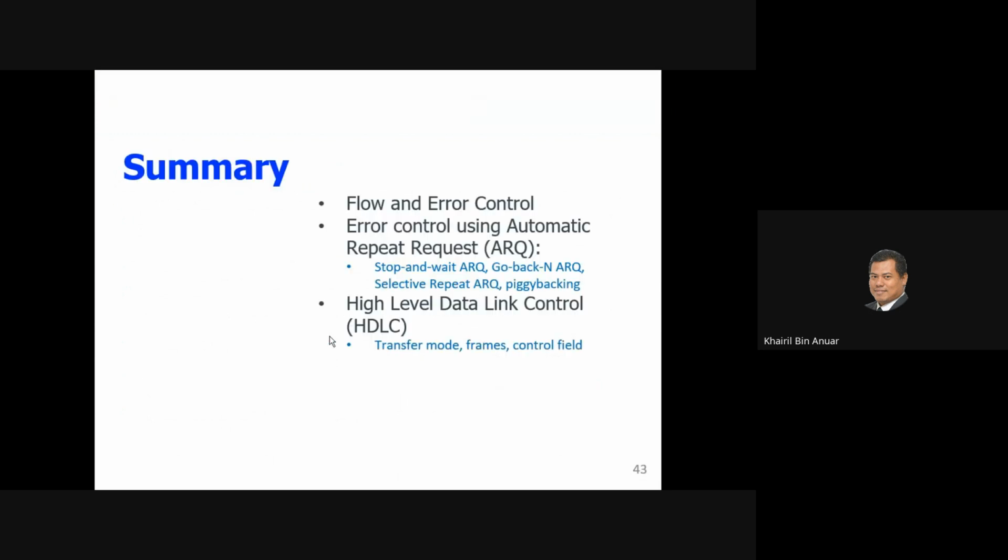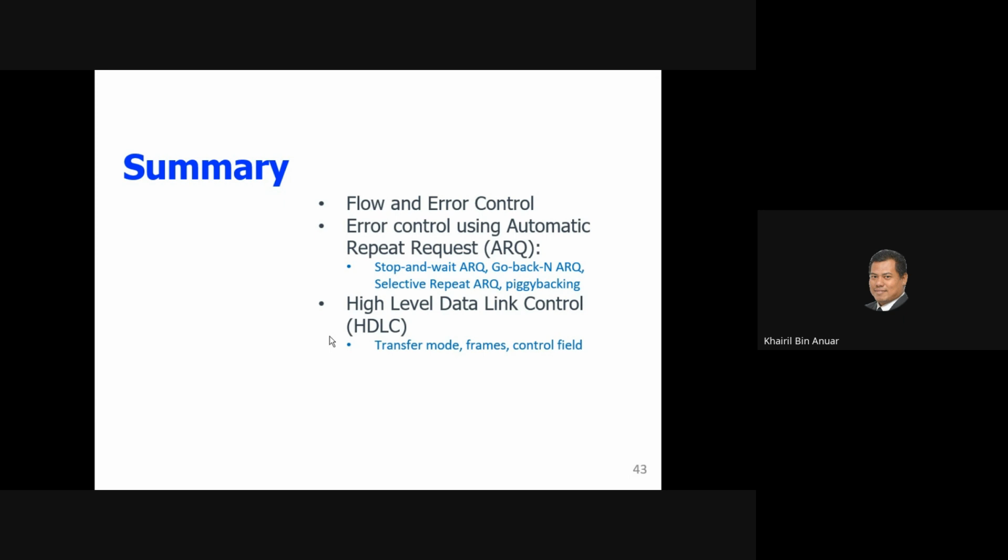So as a conclusion, we have seen how we can use flow control. Previously we mentioned error control. Now we have seen that we can use flow control, with stop and wait, ARQ, go back N and selective repeat, or piggybacking.